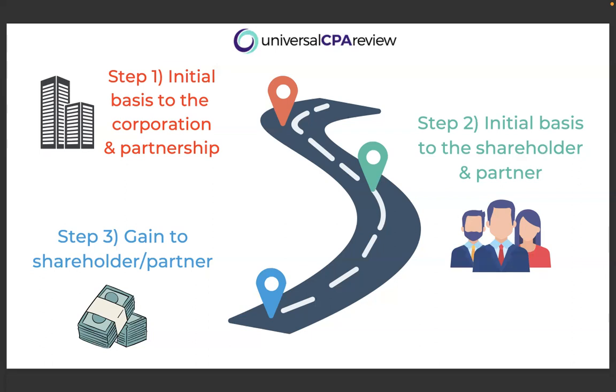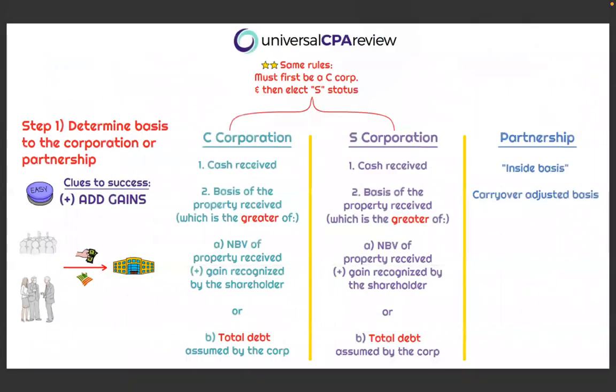We're going to talk about the initial basis to both the shareholder and the partner, and then we're going to talk about any gains that need to be recognized to either the shareholder or the partner. When we're thinking about this initial formation, we have certain rules that need to be understood.